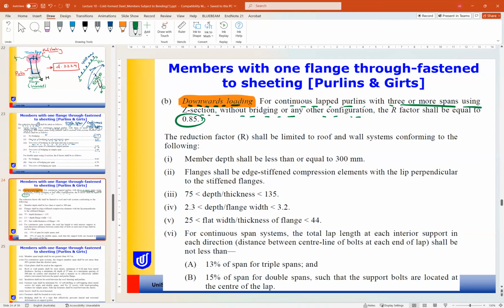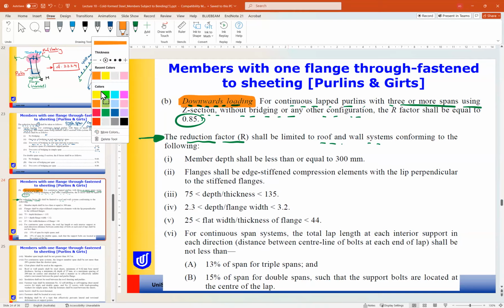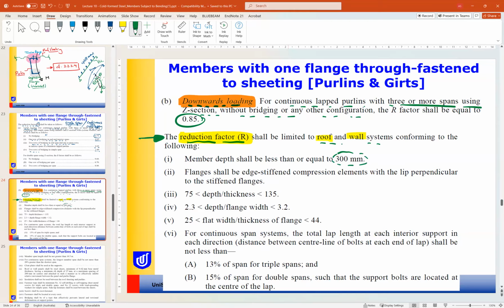The reduction factor R shall be limited to roof and wall systems conforming to the following. So the standard gives us some limitations or conditions that need to be satisfied to use the factor R. Member depth shall not be more than 300 millimeter.